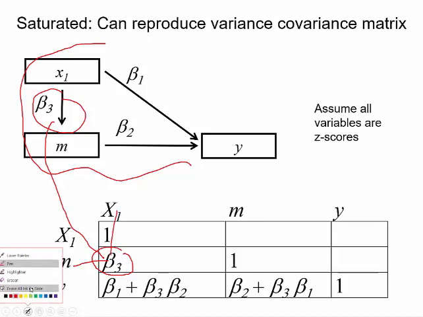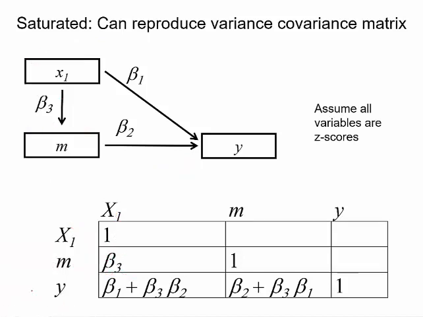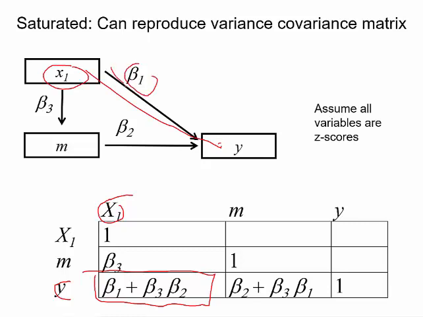Now I've got two other covariances I need to estimate, and from my model they're a little more complex, but not that much more so. What about the covariance between x1 and y? According to my model, I've got this direct effect, which is beta 1, and this indirect effect, which goes through the mediator.